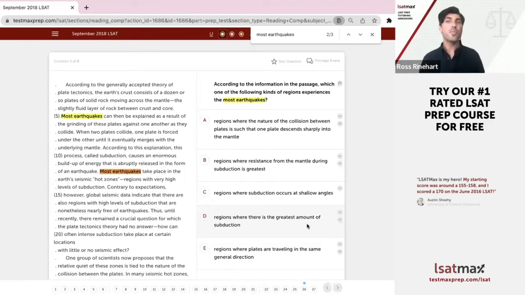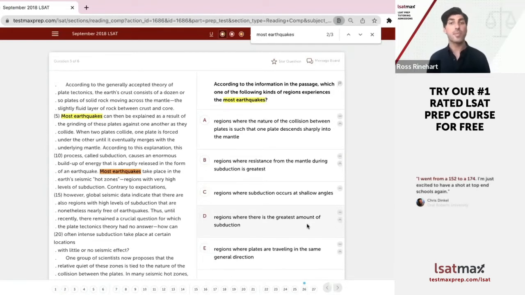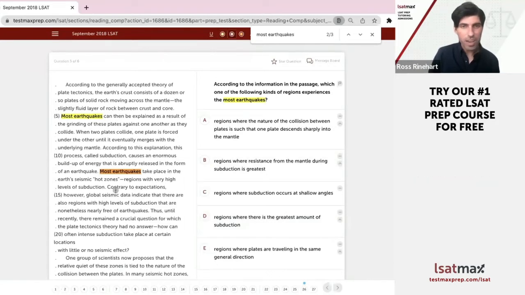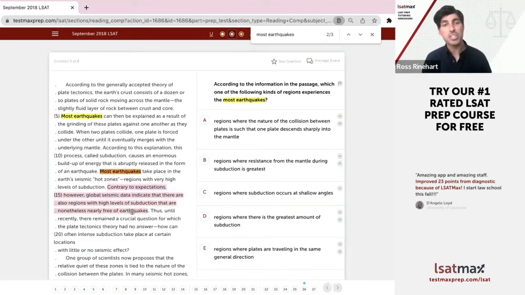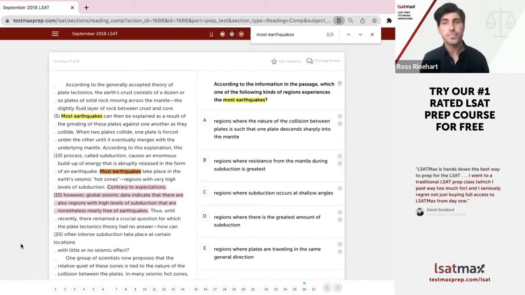Because the passage's main point is actually not that most earthquakes take place in regions with the greatest amount of subduction. We'll actually see right after that reference we found, the author says, contrary to expectations, there's also areas with very high levels of subduction that don't feature very many earthquakes.